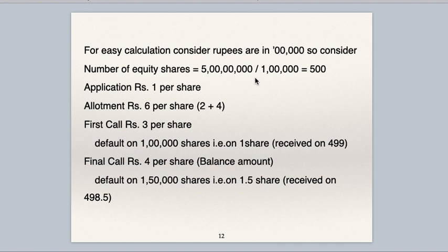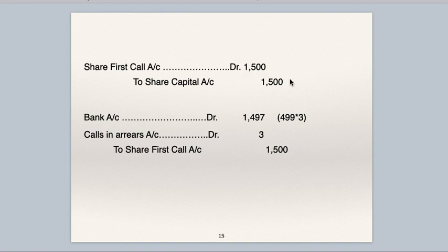Just now we have seen this, 500 into 3, 1,500. They have received only on 499 shares. So bank account debit 499 into 3, 1,497. Calls in arrears account debit 3, 1 into 3, to share first call 1,500. Share first call 1,500 debit, 1,500 credit.